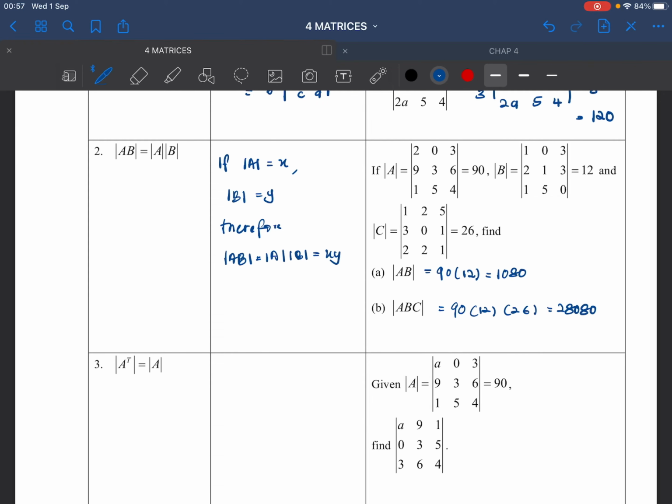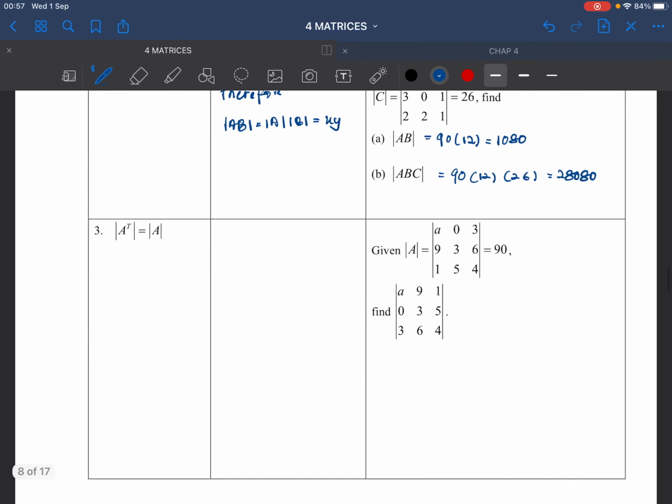That one is very simple. So next, we have determinant of A transpose equals determinant of A. Okay, so if the question asks for determinant of A and then asks for determinant of A transpose, it will be the same.